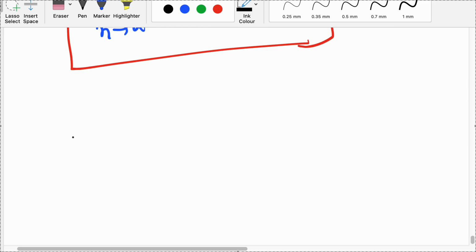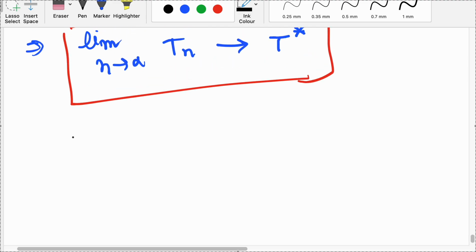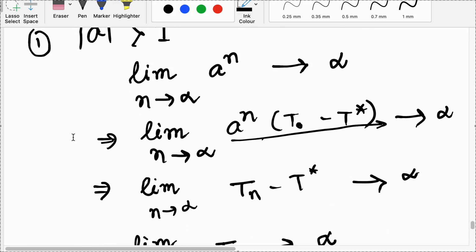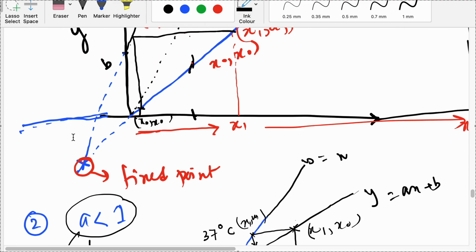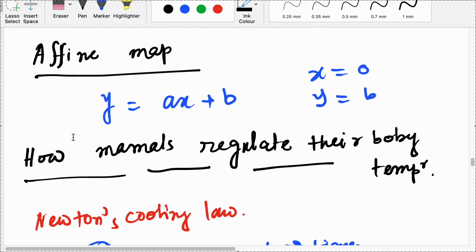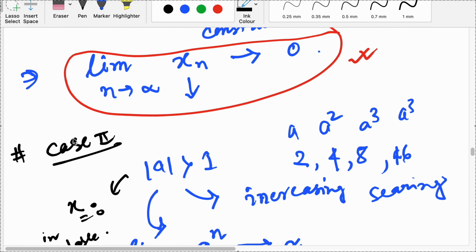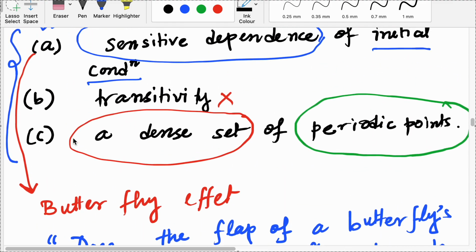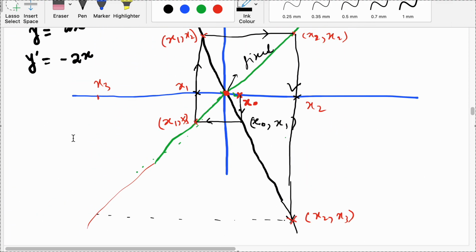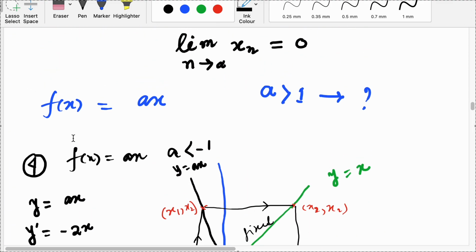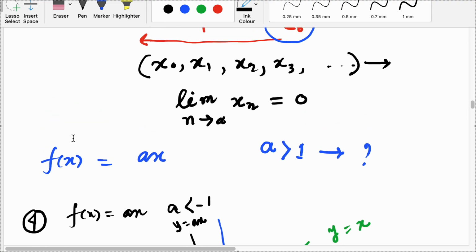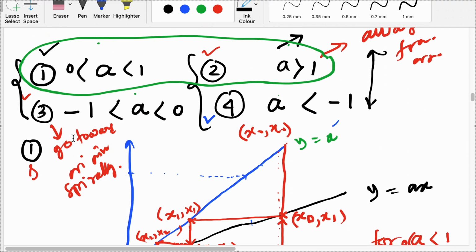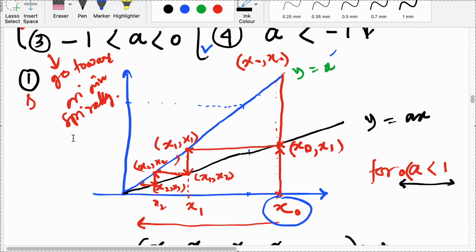Okay. Then let's start. So let's first revisit what we have learned so far. We have learned the dynamics of any initial condition under a linear map or an affine map, whether any initial condition will approach towards a fixed point or not.